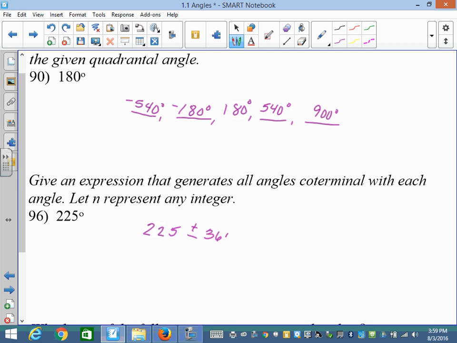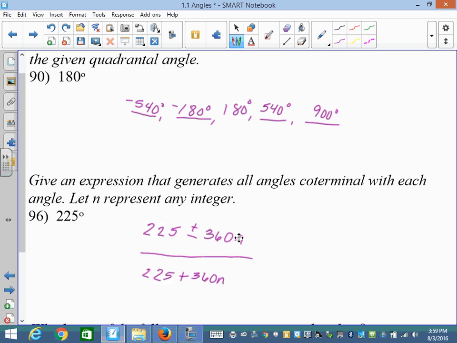360 times n. I do want to point out that n has to be on there because 360 times 1 will give us 1 rotation, 360 times 2 will give us 2 rotations, 360 times 3 will give us 3 rotations, and so on and so forth. This could have also been written as 225 plus 360n, but then you would have had to identify that n can be any integer.